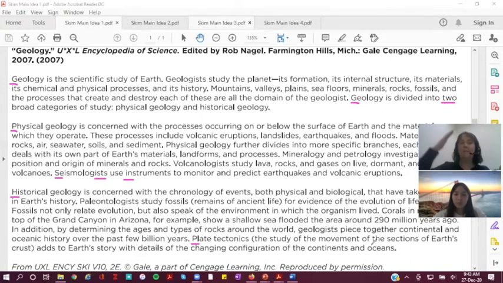So we see some similar themes throughout this, right? So if we were to say the main idea of the entire three paragraphs, we might include the two categories as well as the processes, the movement of the earth, seismologists, and the chronology, right?